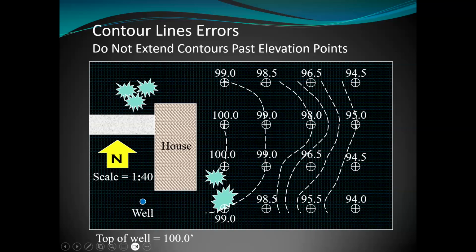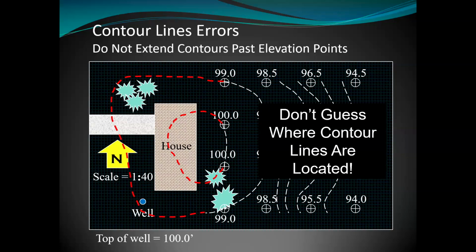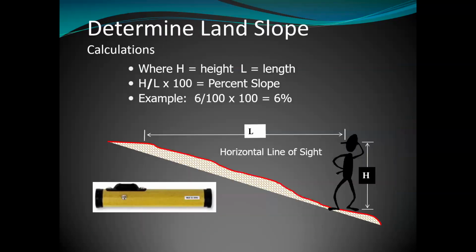These are on 98.5, so the 98 contour is between 98.5 and 96.5. 98's got to be between 99 and 96.5. I can extrapolate between those and draw the lines in. That's a different way to be more accurate. Those red dotted lines are where it might continue, but we're not mapping that because we don't know. Don't guess where they are. If you didn't map it out, don't assume.